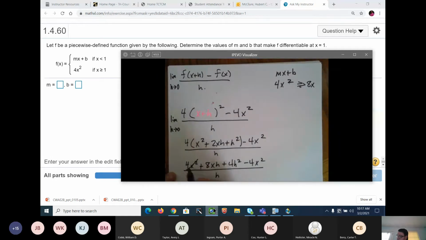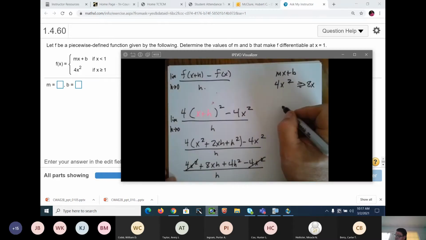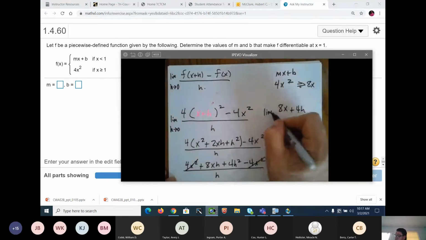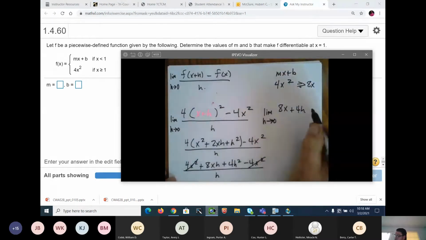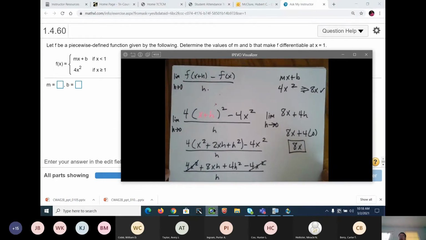The 4x squared cancels, and that leaves us with 8x plus 4h. The limit as h approaches 0 would be 8x plus 4 times 0, which is 8x, which is what I told you we would get. All right, so that's that part.